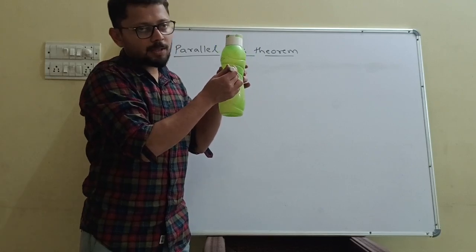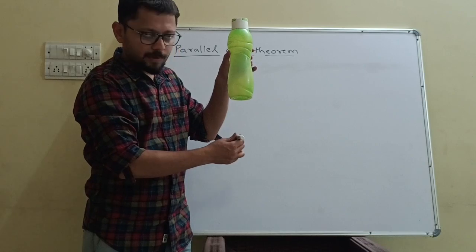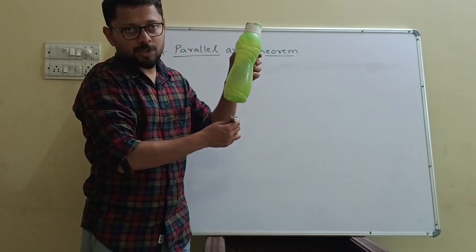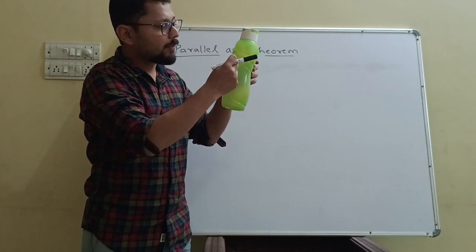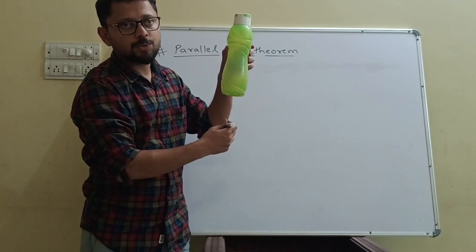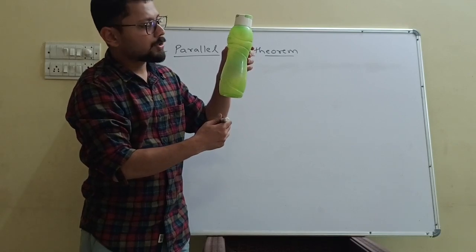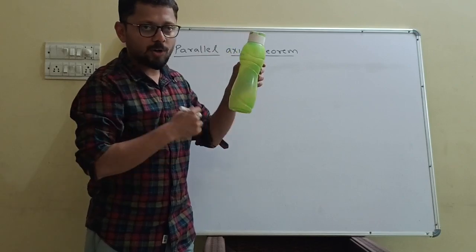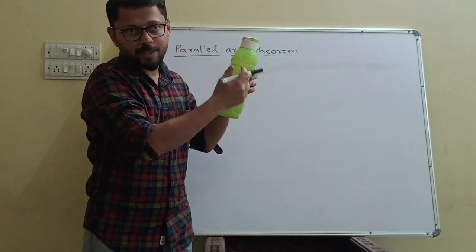Someone asks me, can you write the moment of inertia about an axis from here, and I want to rotate it like this? I will say yes, definitely. You just need to tell me the mass of this body and the distance between this axis and this new axis about which you are interested in finding the moment of inertia. So he said, let us say the distance is d, and the mass of this whole body is m.